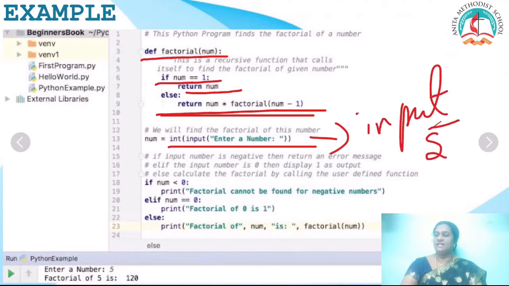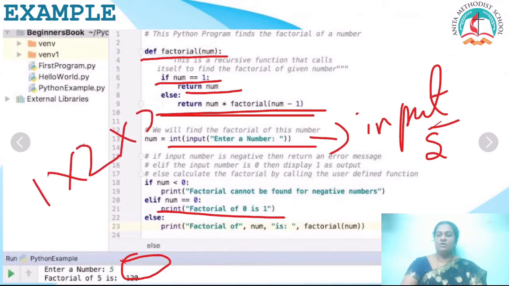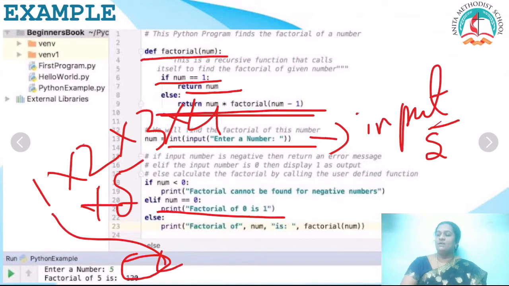For example, if he is entering 5, what would be the output of factorial? So 120. Why is it 120 here? Because you all are math students, you might know it. We are calculating it: 1 into 2 into 3 into 4 into 5. What would be the output? Correct. The output would be 120. This is how it is being printed.